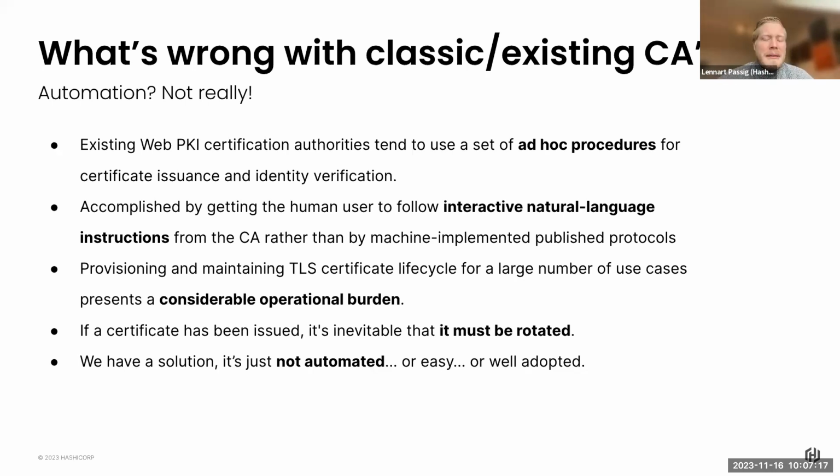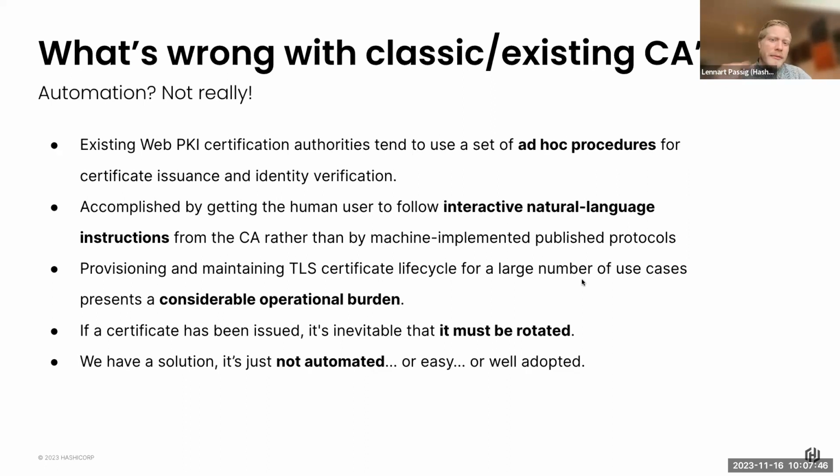It is not really something that people like, you know? So especially the rotation process is a pain as well. And maybe the last piece on this slide will show you something, right? It says like, we do have a solution, but well, it's just not automated or easy or well adopted, right? So this has been an issue for quite some time.